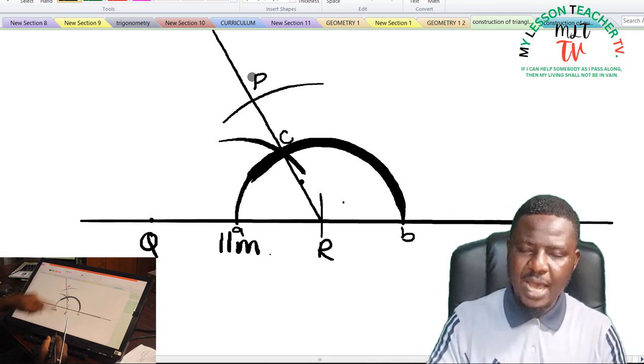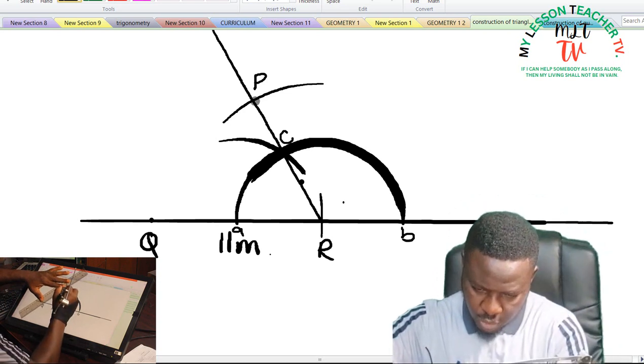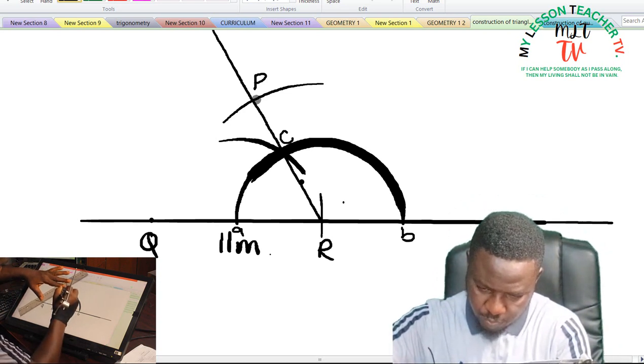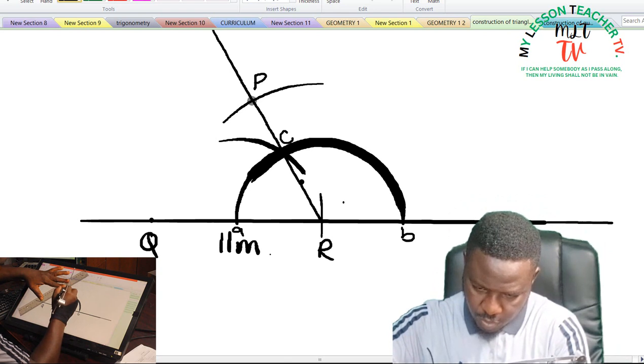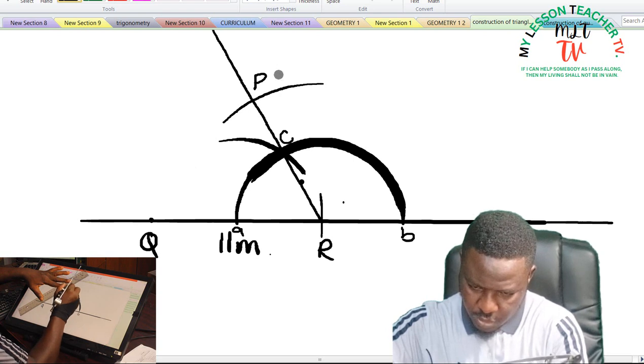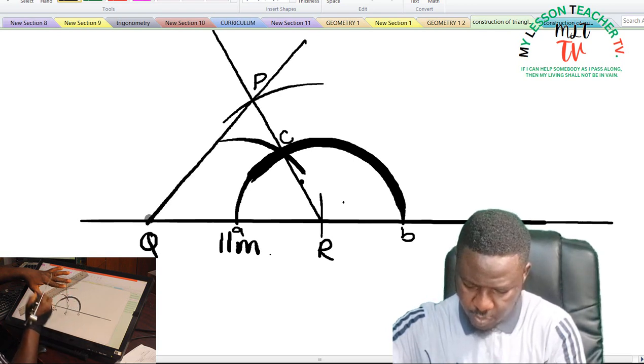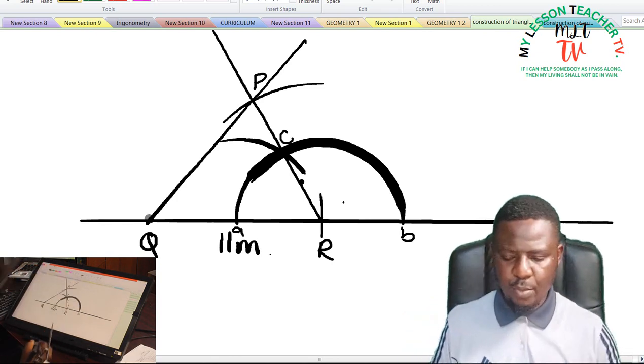And when you measure PR, you discover that it is 9 meters. So join PQ, confirm that right there. So this is going to be a thin line. Okay, so this is said to be my point P.